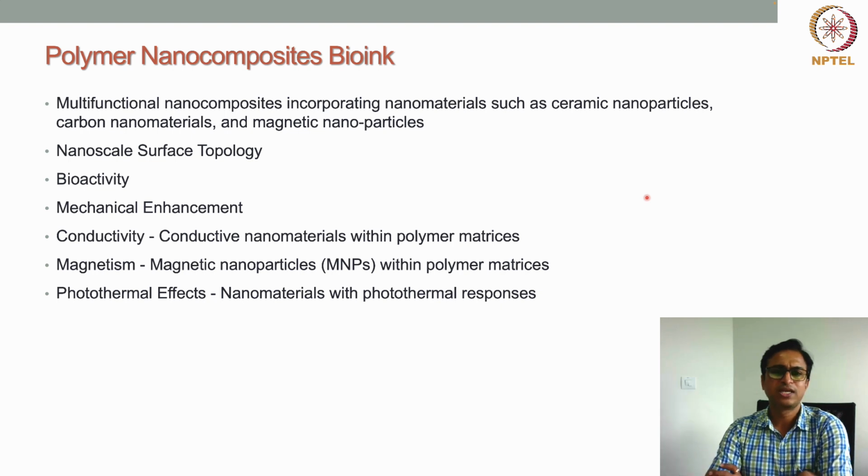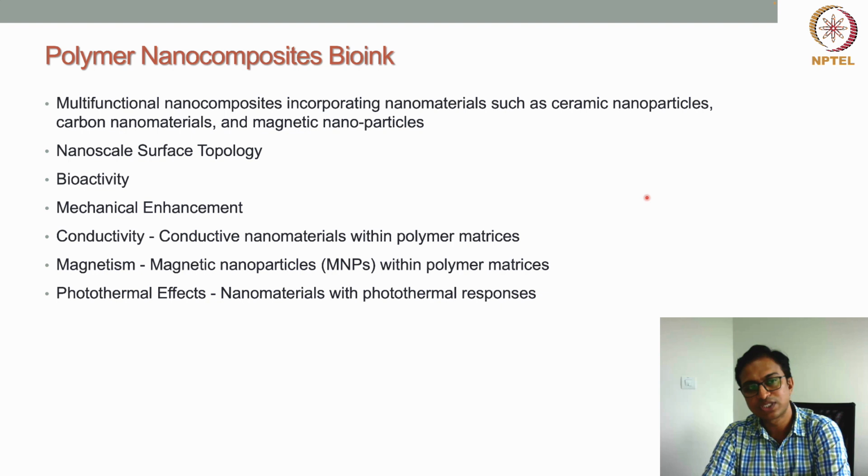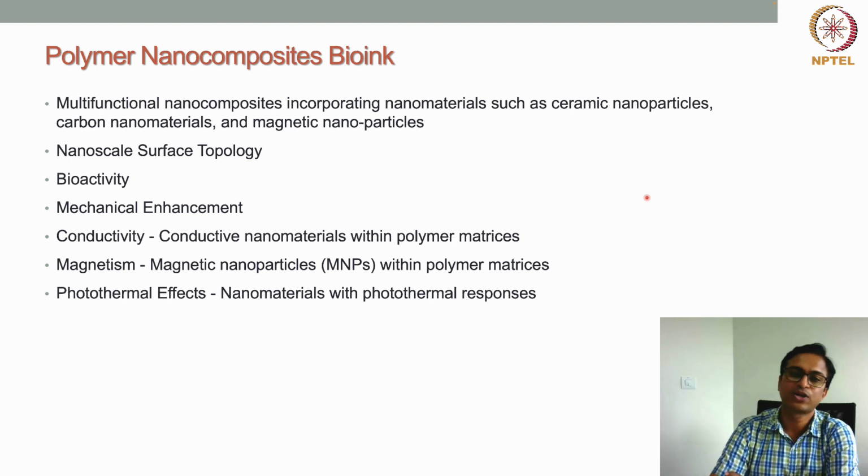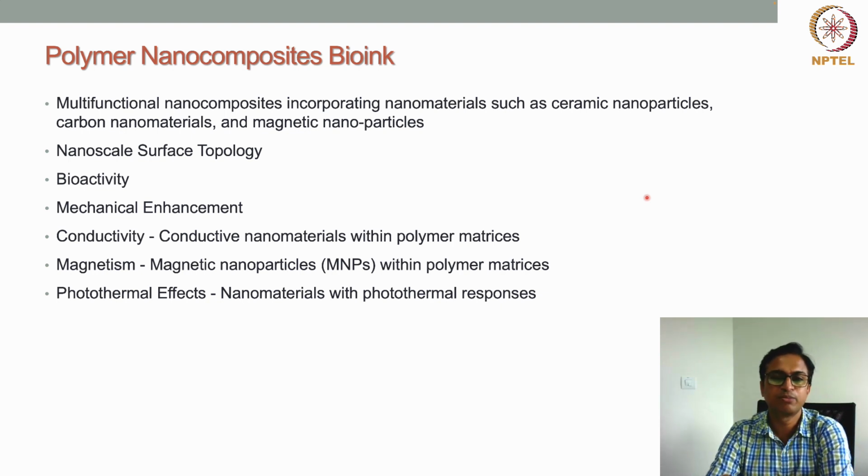Now let us discuss the different characteristics and applications of this nanocomposite bioink. Polymer nanocomposite bioinks are multifunctional nanocomposites incorporating nanomaterials such as ceramic nanoparticles, carbon nanomaterials, and magnetic nanoparticles.